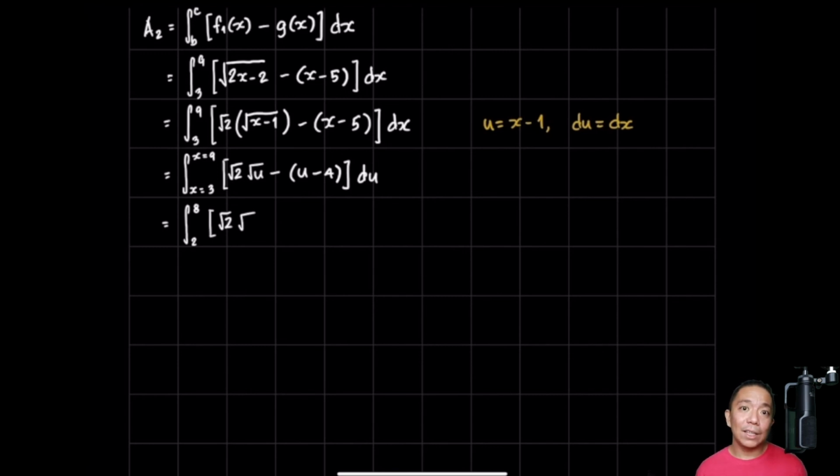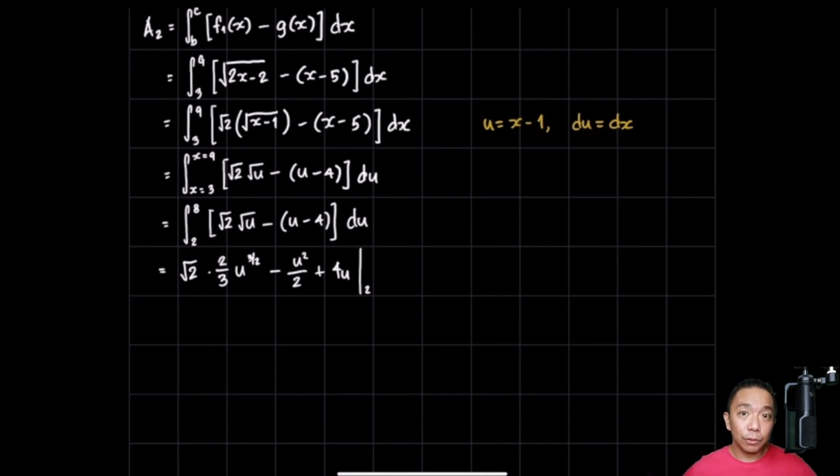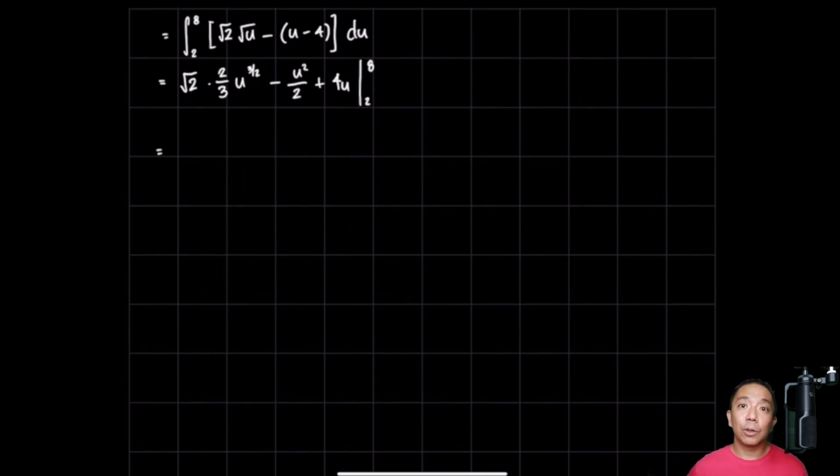Yan yung u values that are equivalent to x equals 3 and x equals 9. And just to rewrite the same expression, then let's use the power rule para maghanap ng antiderivative nung integrand natin. And an antiderivative would be square root of 2 times 2/3 times u raised to 3/2 minus u squared over 2 plus 4u. This is being evaluated from 2 to 8.